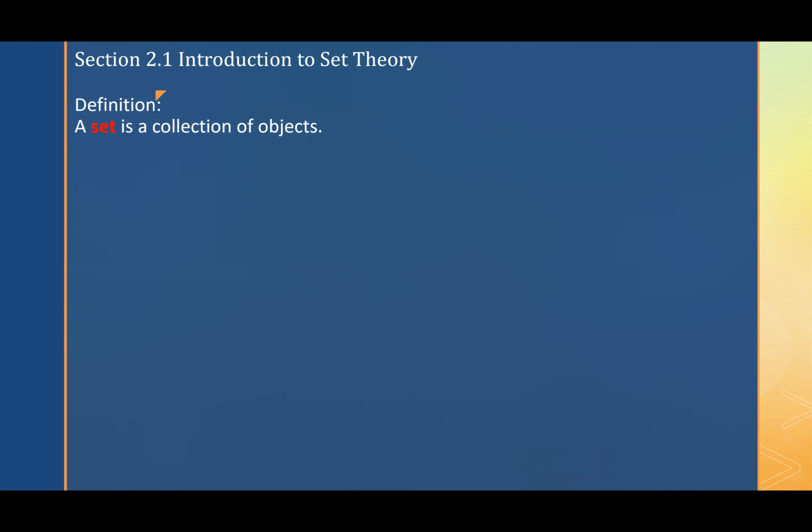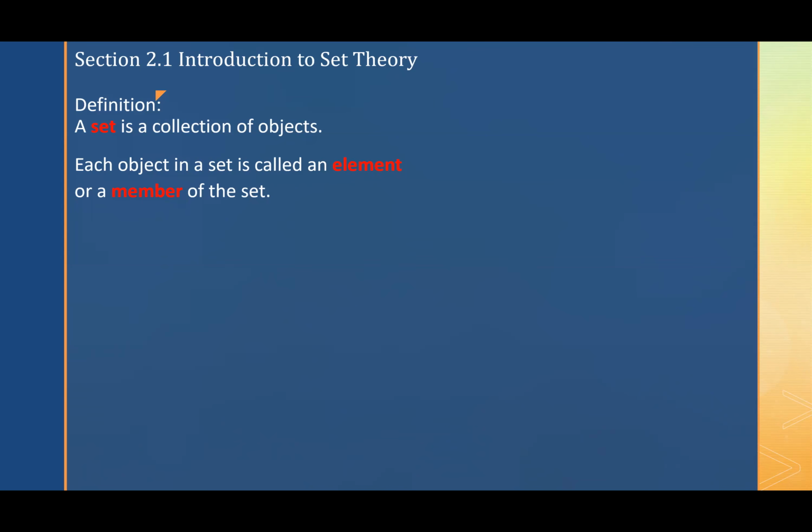What is a set? So in short, a set is basically a collection of some objects. Whatever you try to collect, you just put them together, and we call it a set. If you want to collect the grades on the first test, just put all the A, all the B, all the C together. That will be the grades of the first test. Or if you want to collect the names of the students in my class, I can put all of your names together, and that will be a set, right?